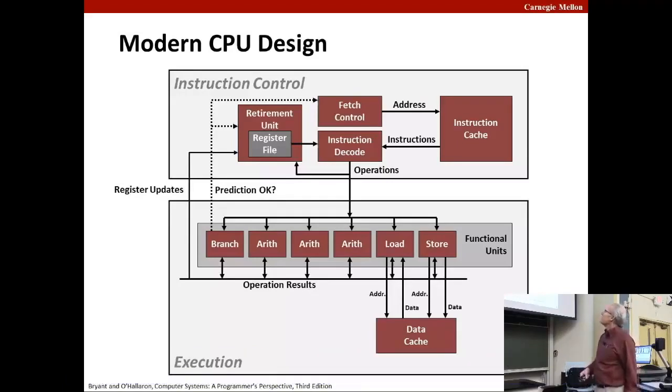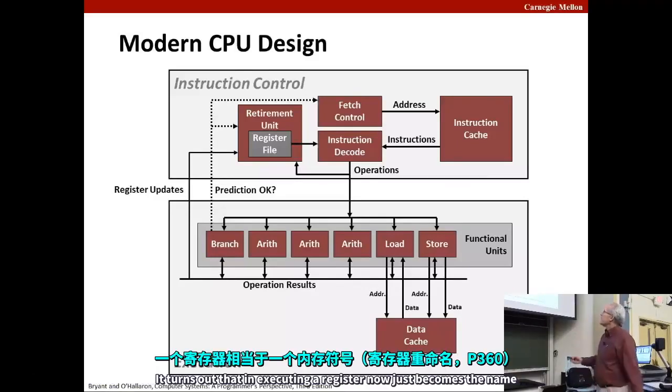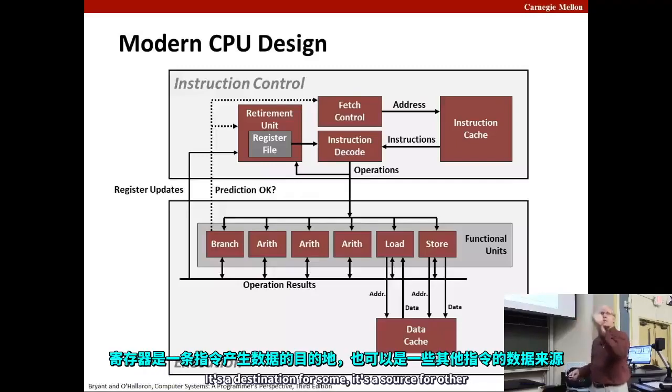And it turns out, you think of the set of registers as a part of memory that gets read and written. It turns out that in executing, a register now just becomes the name of something that one instruction produces and some other instructions consume. It's a destination for some, it's a source for others.